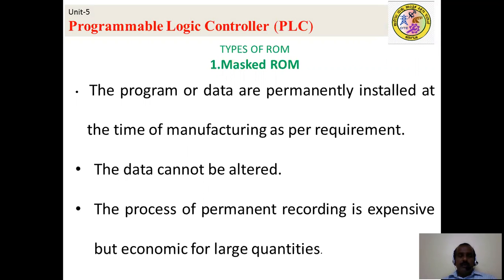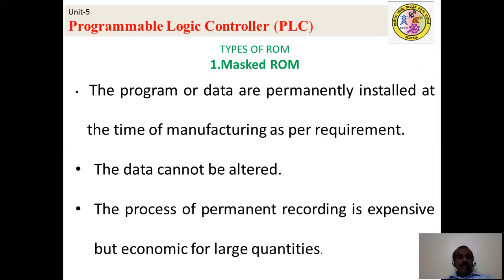So, different types of ROM. The first one is masked ROM or MROM. The masked ROM or the MROM is mainly used to store the data or the program permanently. So the data or the program is permanently installed at the time of manufacturing as per the requirement.